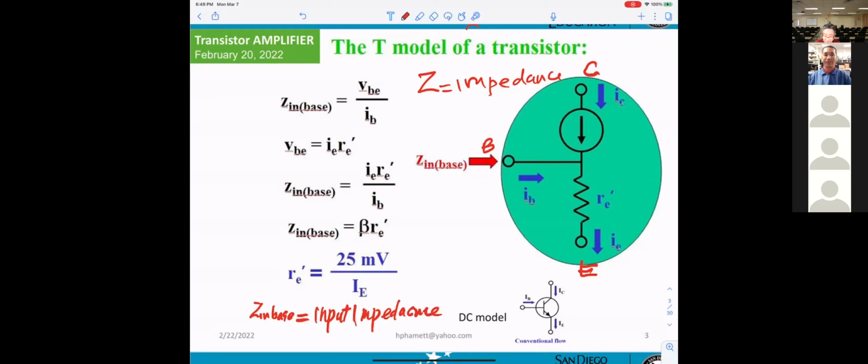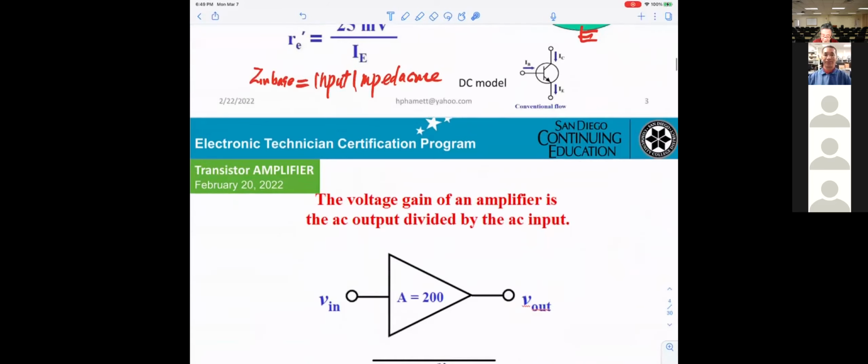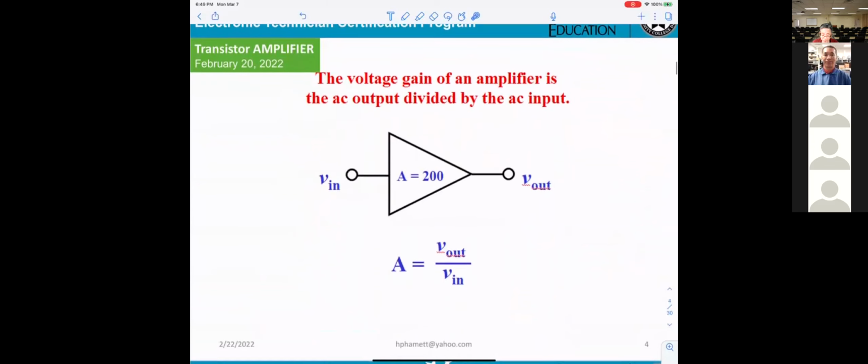That means when you're looking into the base, whatever resistance you get, that's what they call input impedance. The thing is, when we deal with the amplifier, you have to deal with the input impedance and also the output impedance. We'll see more.